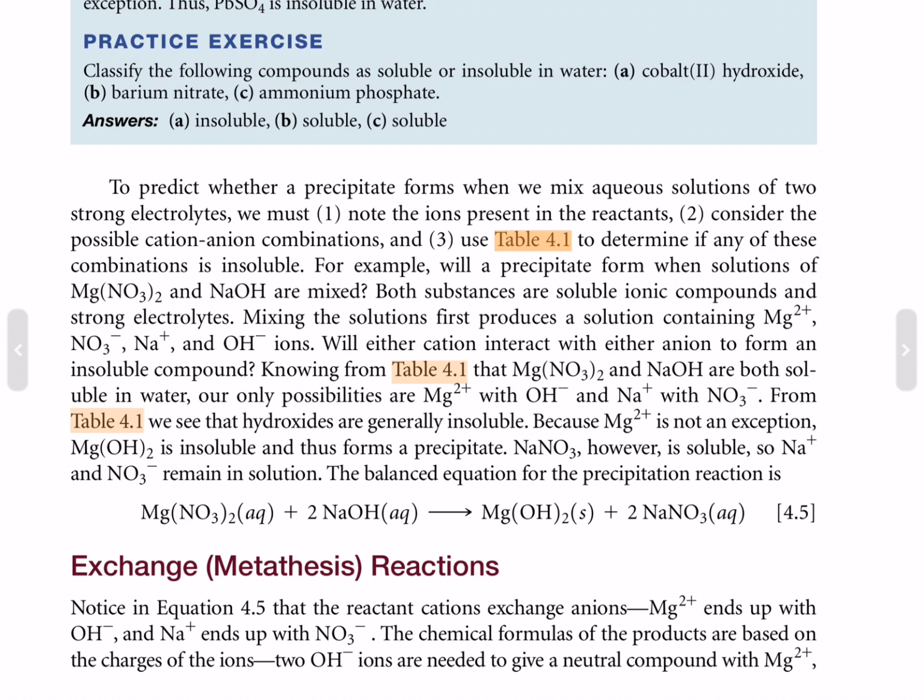Sodium nitrate, however, is soluble, so sodium and nitrate remain in solution. The balanced equation for the precipitation reaction is magnesium nitrate aqueous plus sodium hydroxide aqueous yields magnesium hydroxide solid and sodium nitrate aqueous.